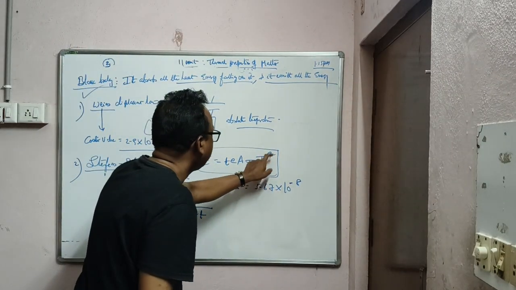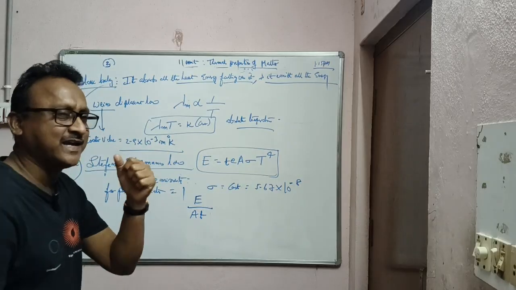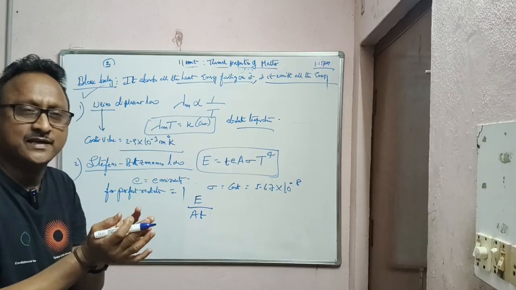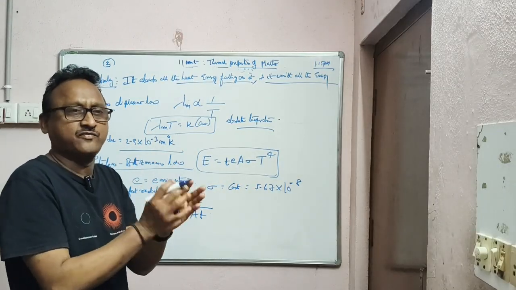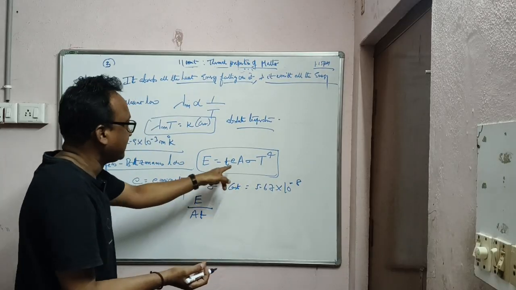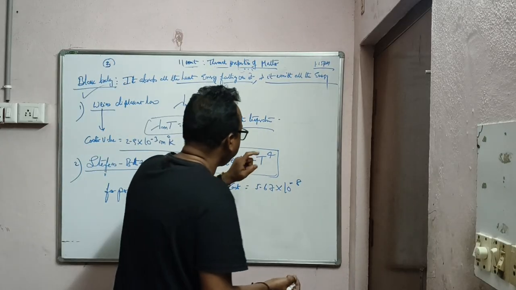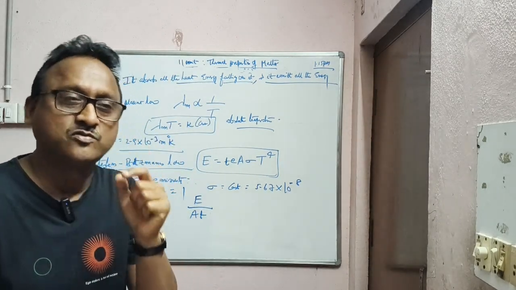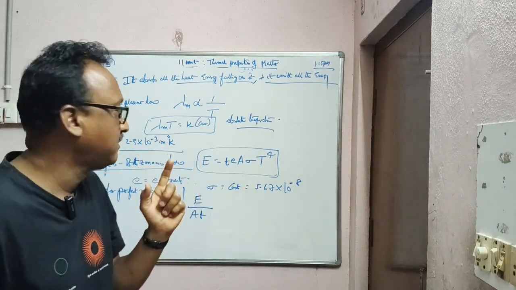What does Stefan Boltzmann's law say? Energy emitted from a perfectly black body per unit area in unit time is directly proportional to the fourth power of absolute temperature, T power 4, and that is called Stefan Boltzmann's law.